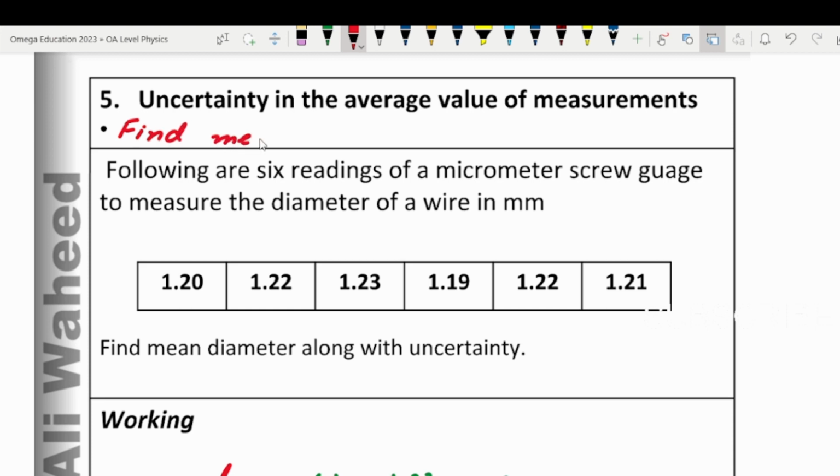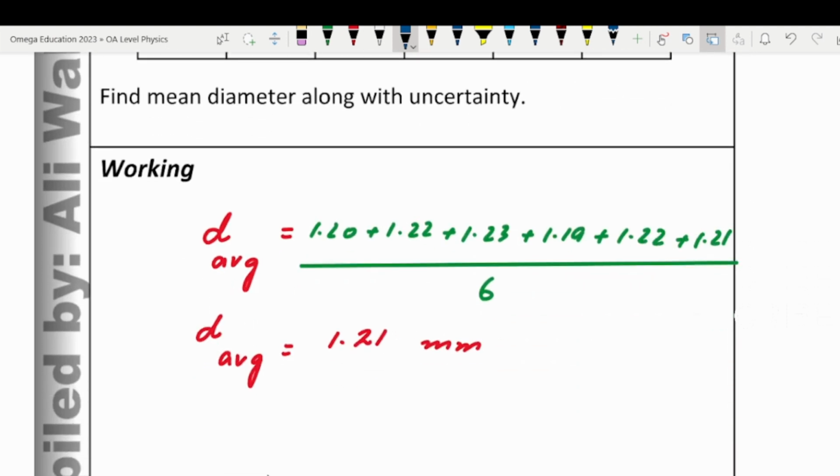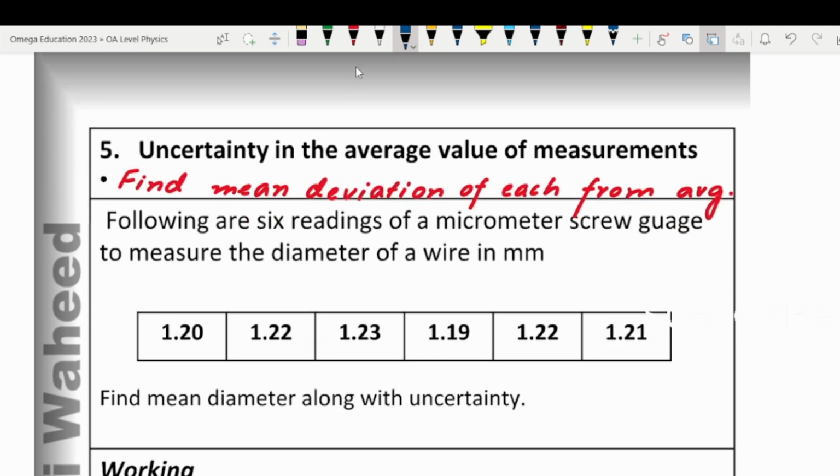Mean deviation of each reading from average value. So what is the average value? The average value is 1.21. Keep it in your mind.